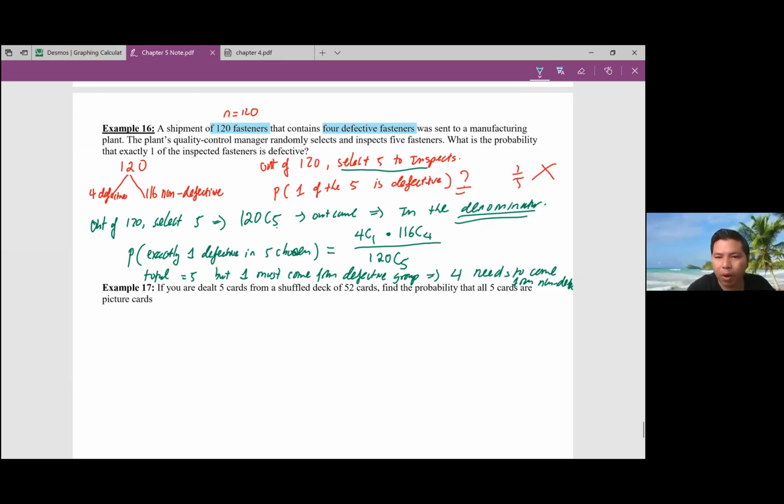So we get 4 times this. What is 116C4? 7160245, and divide by 120C5, which is 190578024.